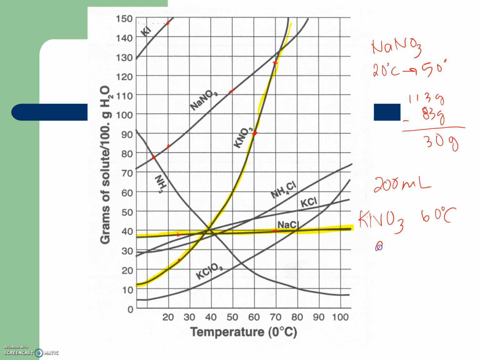And that means 90 grams dissolves in 100 milliliters. In 200 milliliters, we would have 180 grams in 200 milliliters. So the questions you'll see about solubility mostly involve reading a graph and interpreting things off of a graph.